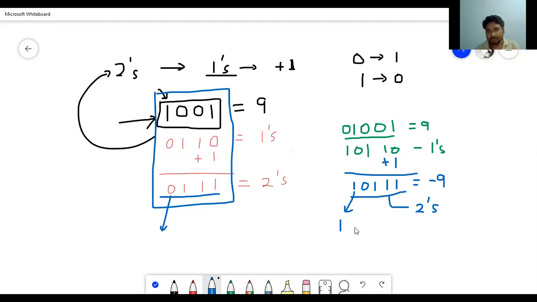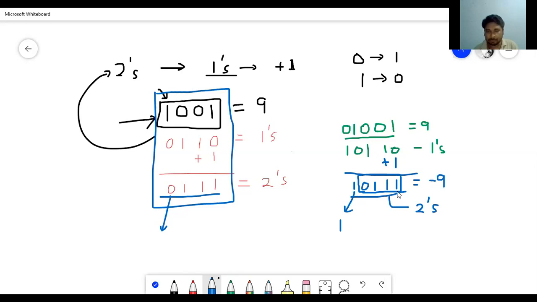Here one problem may arise, or a question may come. If we take this as a sign bit 1 and this number as the magnitude value, and this is not 9, this becomes 7, then how can you say that it is a negative 9?